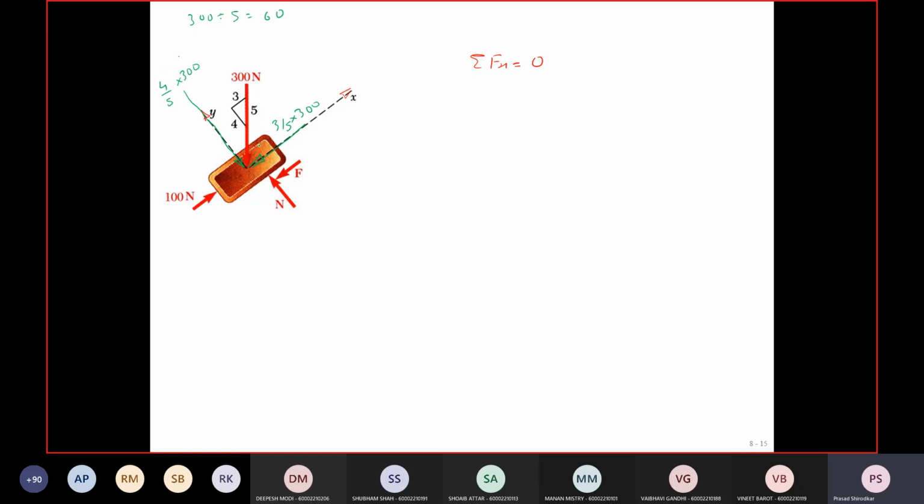So this is the component along y, and this is the component along x.